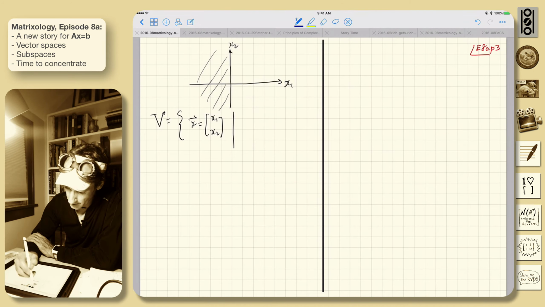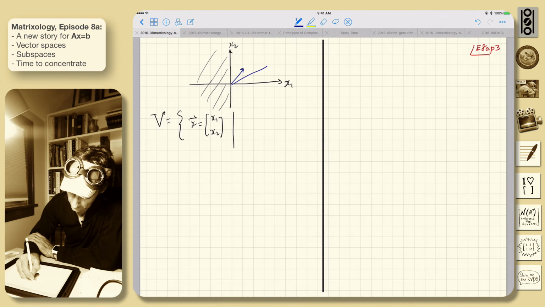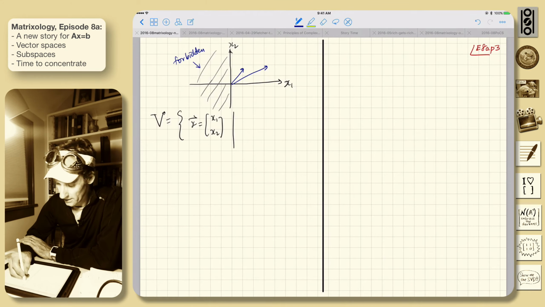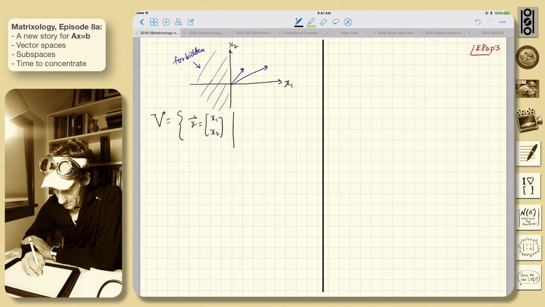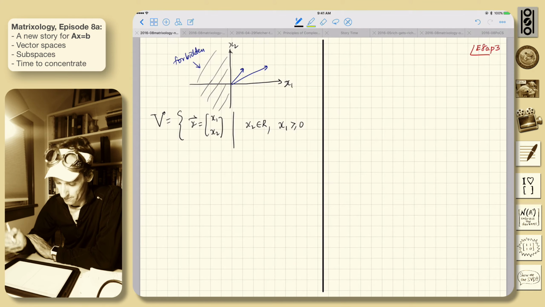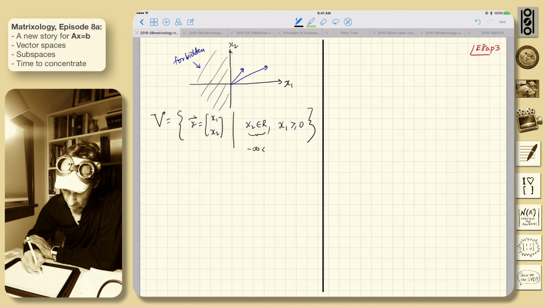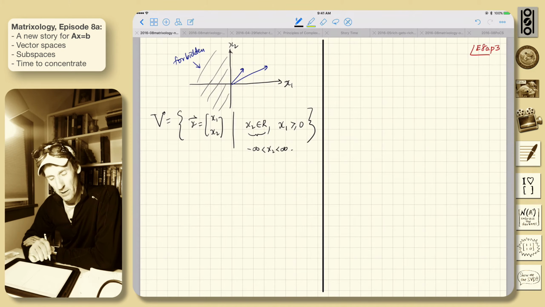These vectors out here are forbidden. It is a netherworld that you may not enter. So x2 is an element of the real numbers, but x1 is greater than or equal to 0. Another way to write this is minus infinity, you could do this too, but x1 is greater than or equal to 0.